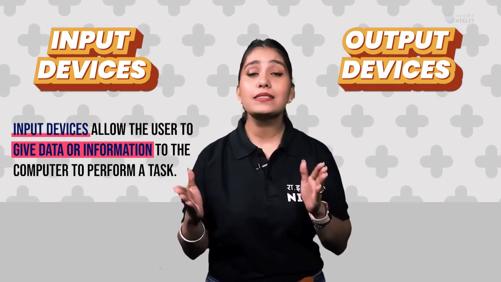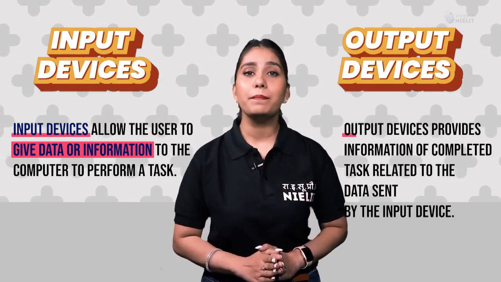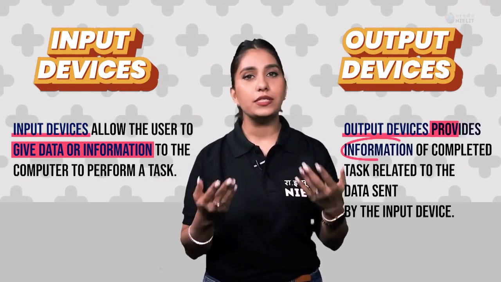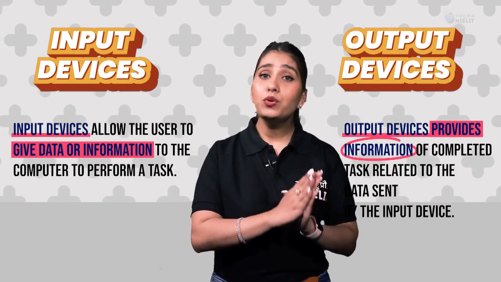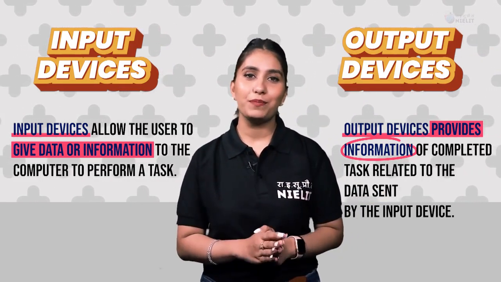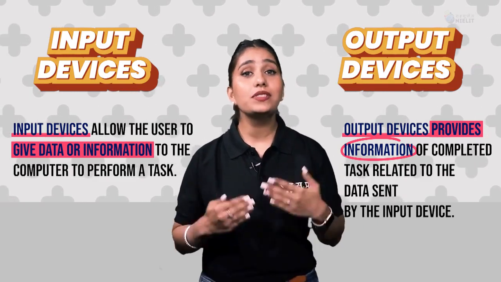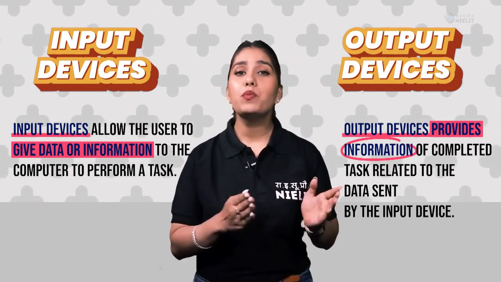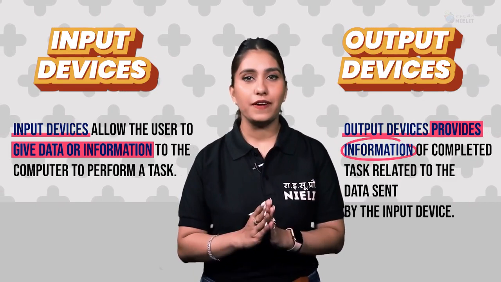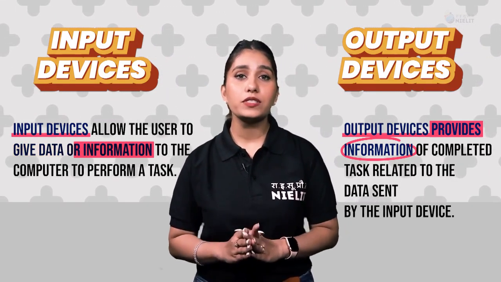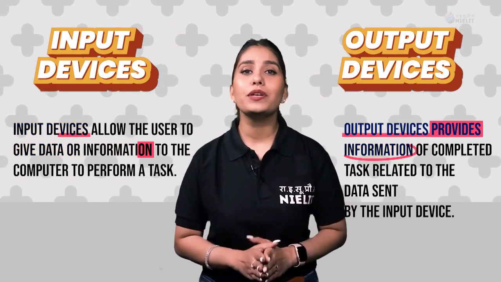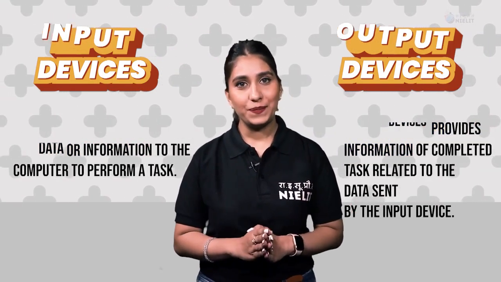Now, output devices provide information of completed tasks related to the data sent by the input device. The computer receives the data from the input devices, executes the task accordingly, and provides output using the output devices, like printers, monitors, headphones, etc. These are some of the commonly known output devices.